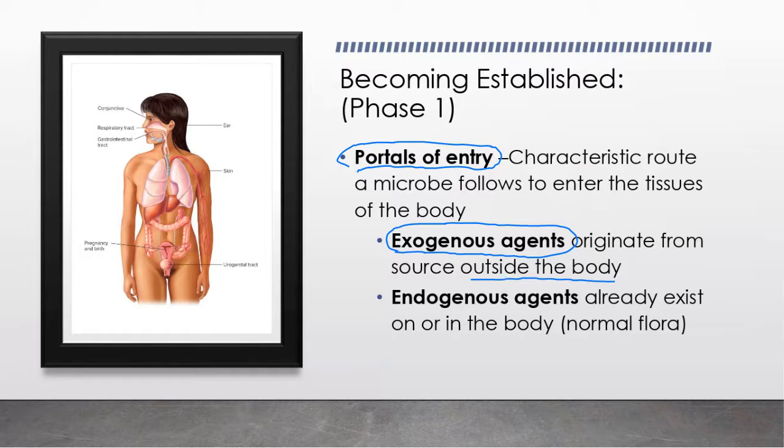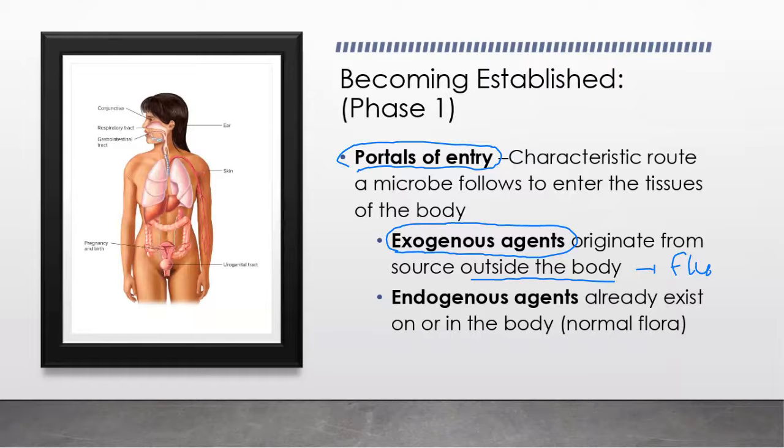So these are not part of the human normal flora, not part of the human indigenous flora. They mostly come from outside, for example the flu. Flu viruses are not part of our indigenous flora, so they come from outside, enter into the tissue and cause disease.